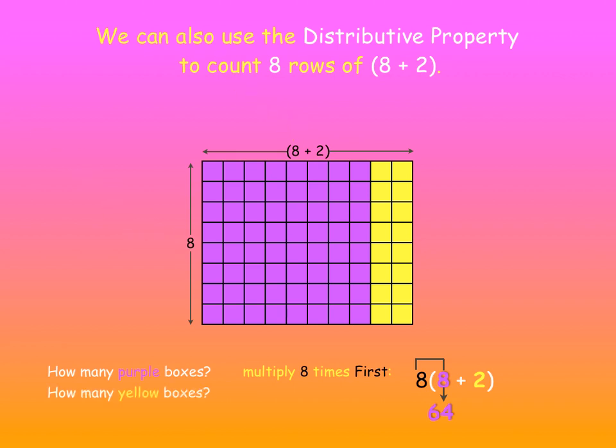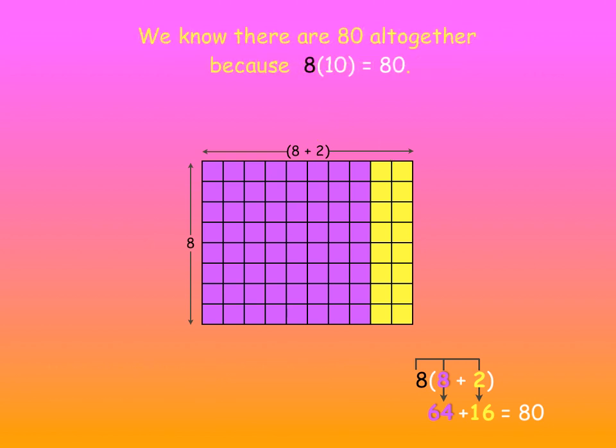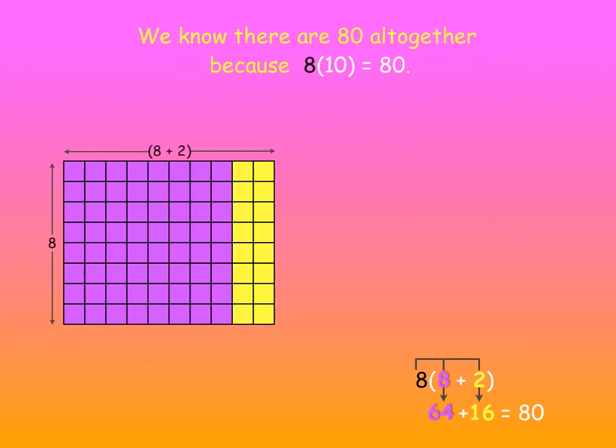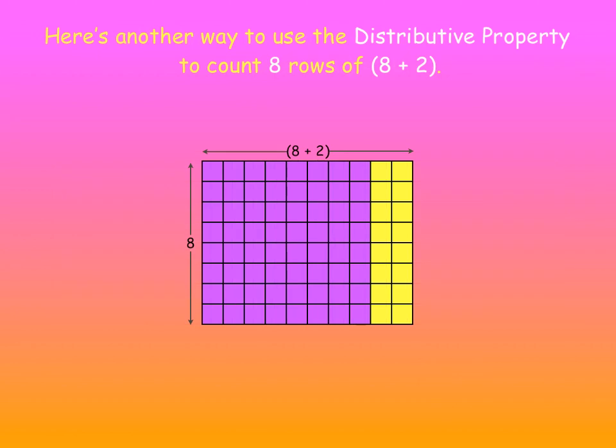How many yellow? 8 times the last number. 8 times 2 is 16. Add them, and we get 80. We know there are 80 altogether because 8 times 10 is 80, and that's the same thing.